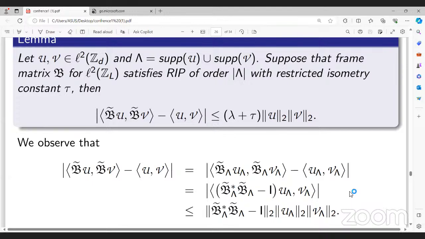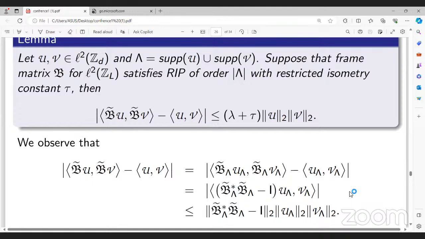And we observe that the inner product of B tilde U, B tilde V minus the inner product of U, V is nothing but the inner product of B tilde U, B tilde V, because the support of U and the support of V are contained in lambda. So we can write it as B tilde lambda U lambda in inner product with B tilde lambda V lambda.